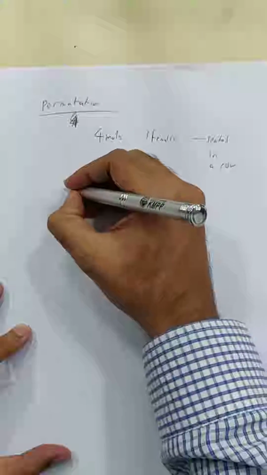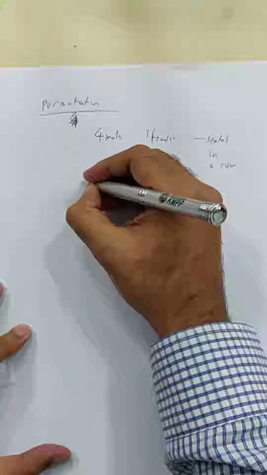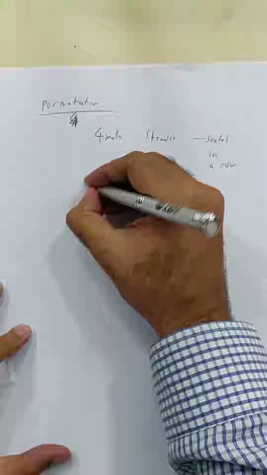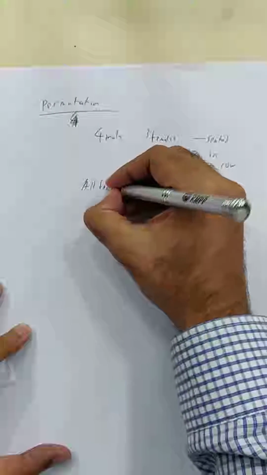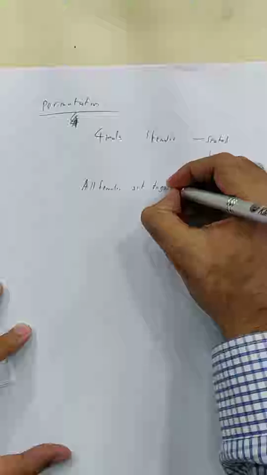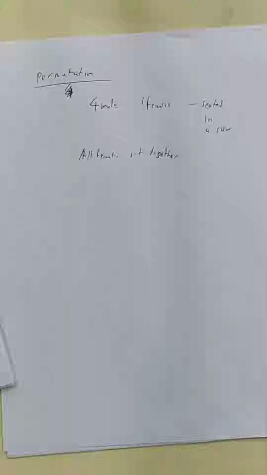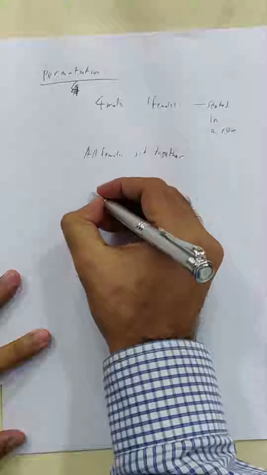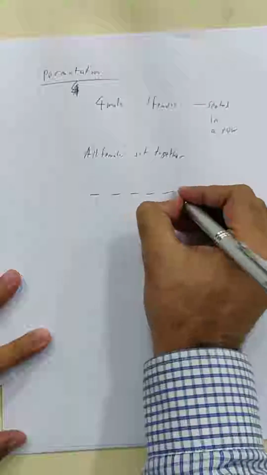Okay, let's start with all females seated together. How? Do you remember? How do we do it? 1, 2, 3, 4, 5, 6, 7.